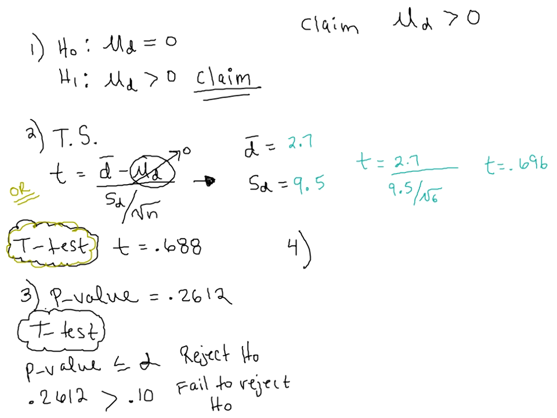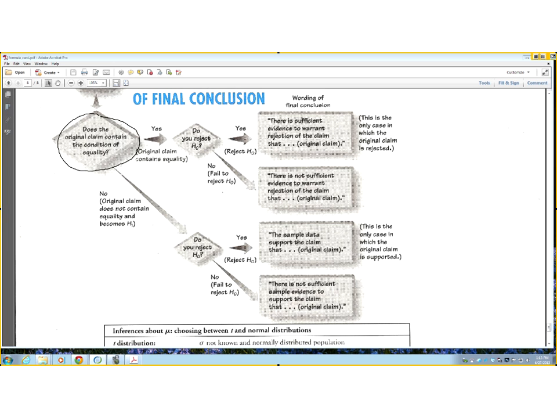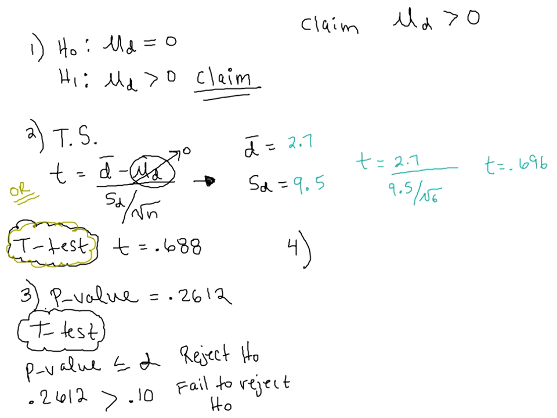So that definitely did not have equality, so the answer would be no. Did we reject? No, we did not reject. We failed to reject. So the conclusion that you're going to stick with is that there is not sufficient evidence to support the claim that this program helps participants lose weight. Right, so that is your conclusion.